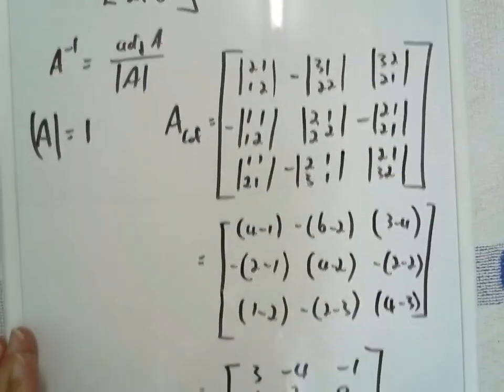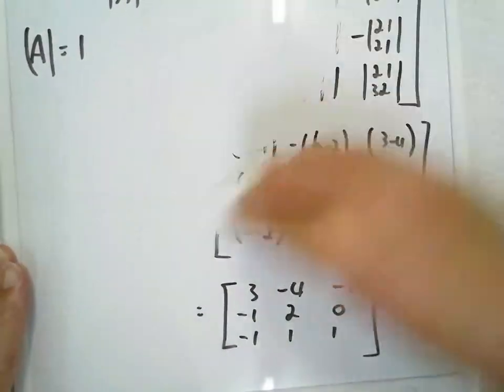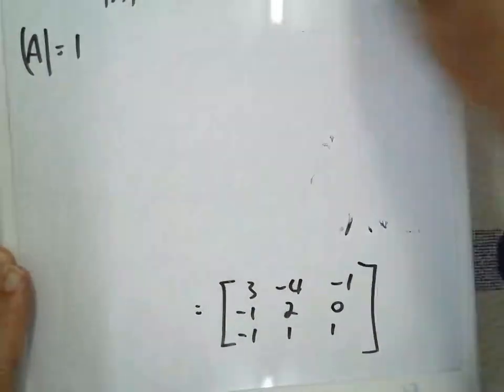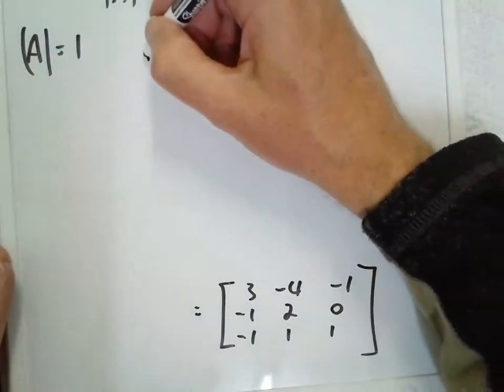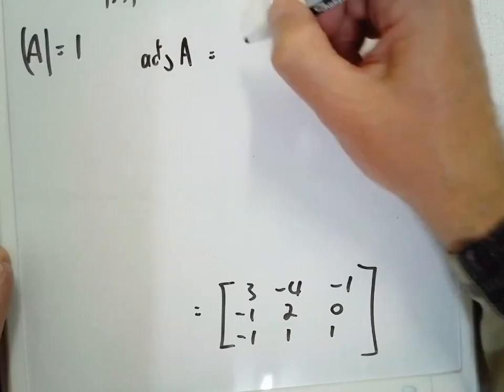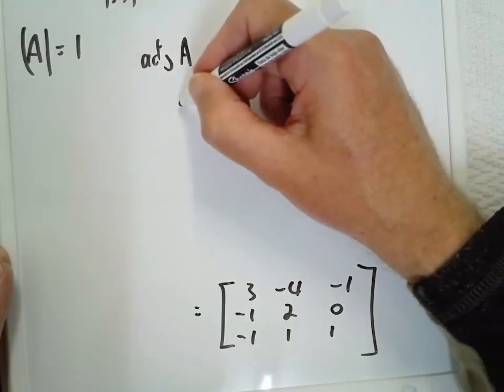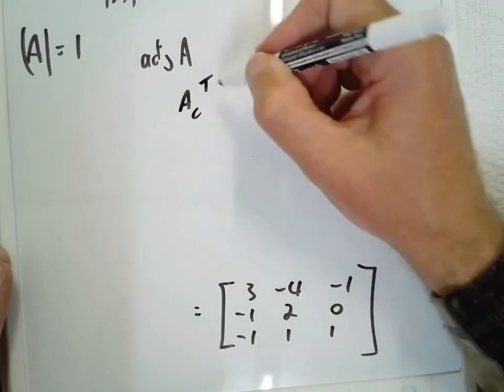So we've got to take that cofactor matrix and we need to transpose it. So remember, the adjoint of A is the transpose of the cofactor matrix.